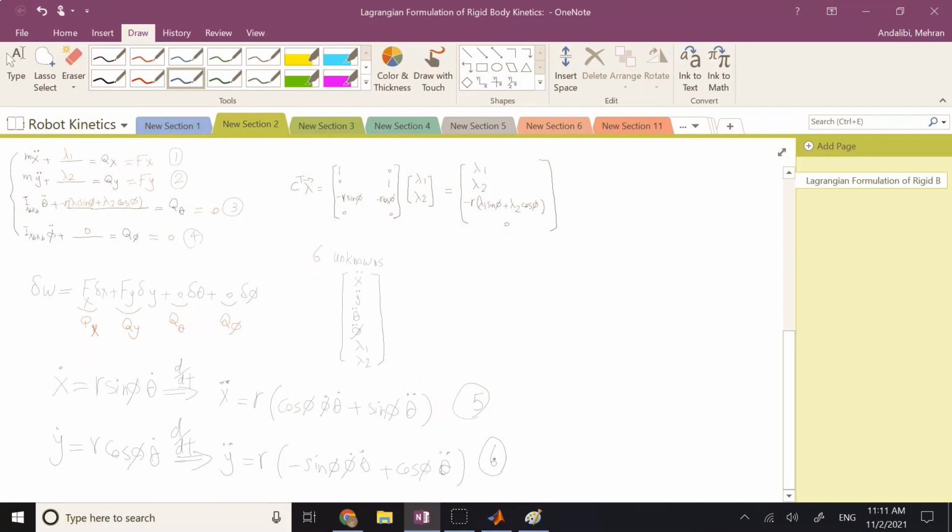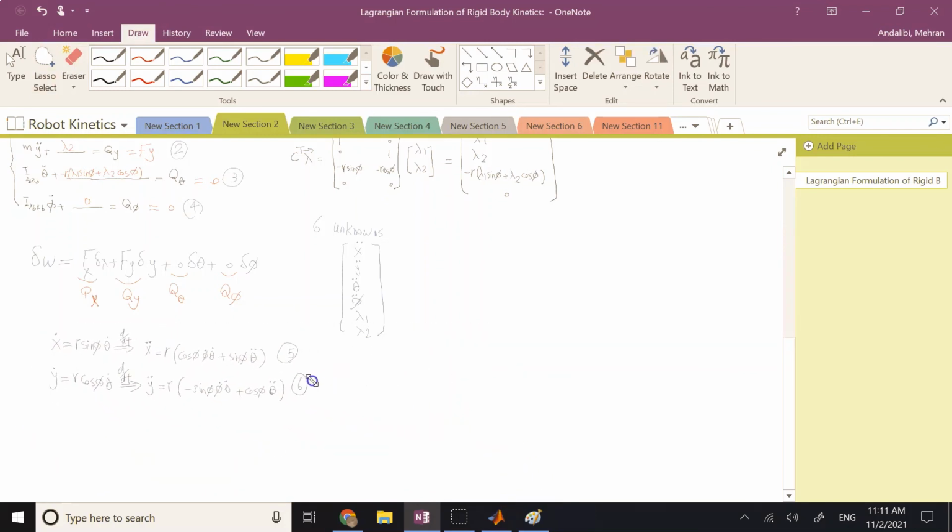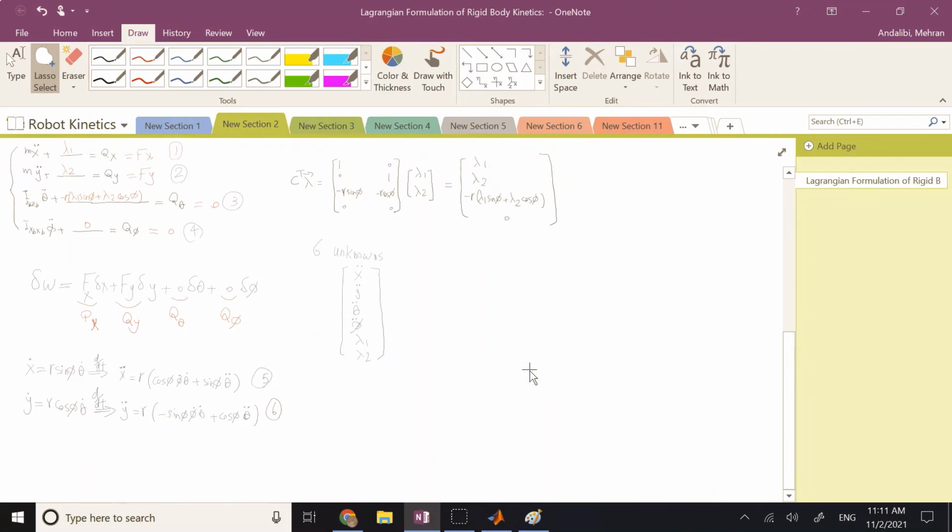So now I have enough equations for all of my unknowns. And now, depending on what the problem is asking you to do, if the problem is asking to find the double dots, then you can again arrange these equations 1 to 6 into your matrix format if you want, and then find the double dot terms and get rid of lambda 1 or 2, or maybe you can just eliminate lambda 1 and lambda 2.